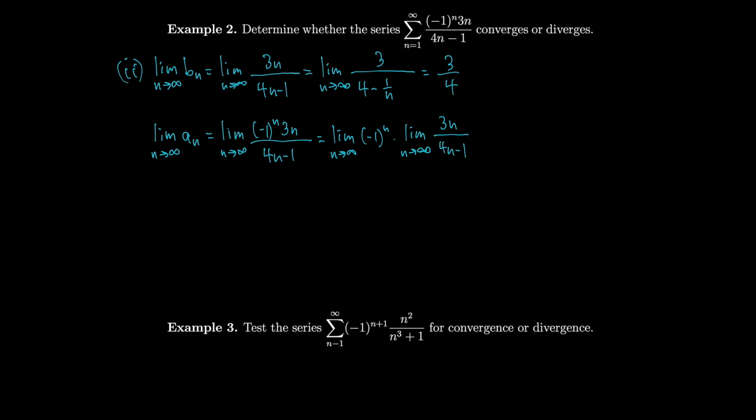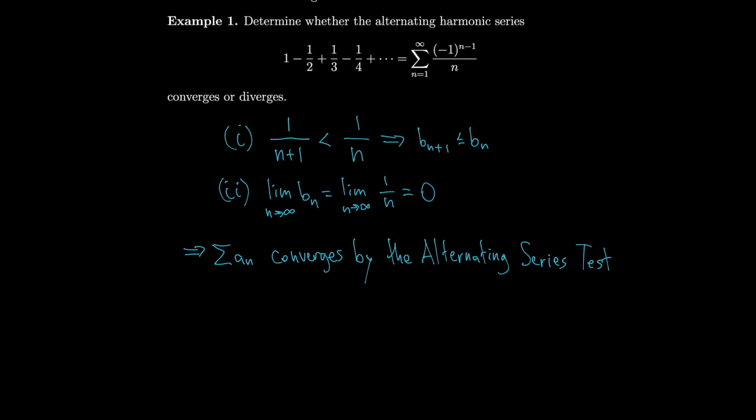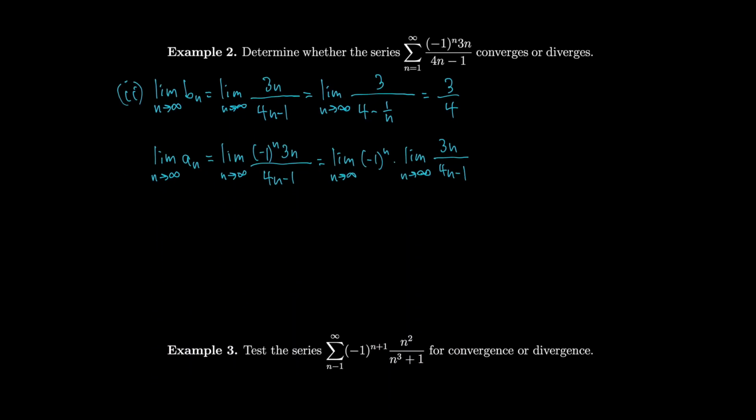Now, we know that this limit does not exist. However, you have to be a little bit careful here. You can't just stop at that point, because remember, for our alternating harmonic series, we knew that that limit also doesn't exist. But this thing ended up converging. So we should investigate the limit that remains, like the limit of 1 over n over here. That did not converge, but somehow multiplying them together made an indeterminate form which converged.